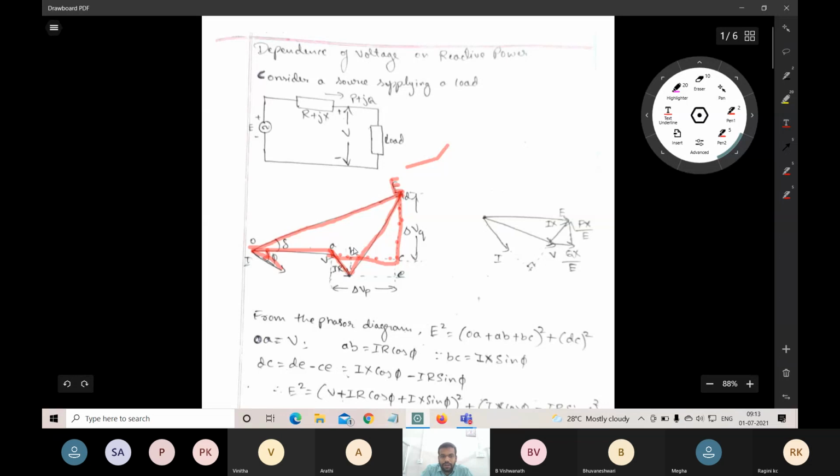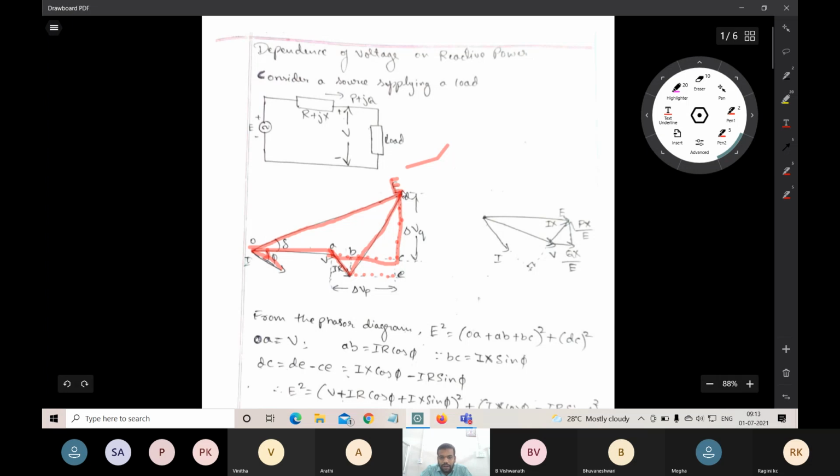This distance is called AB, and the dots continue till here, because we need to calculate OE. To calculate OE, we need this side squared plus this side squared. That's why I am extending this line. This line ends at C and this point is E. BC is equal to the extended line. Finally, apply the Pythagoras theorem to this phasor diagram.